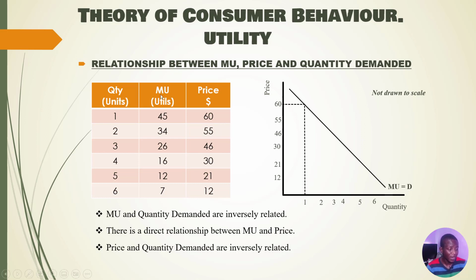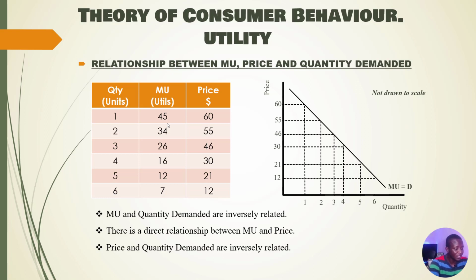So at price 60, the consumer is willing to buy just 1 unit. When the price fell from 60 to 55, the consumer bought the second unit, or the quantity demanded in this case was 2. As the price keeps falling, we realize that the quantity demanded of that commodity keeps increasing till the last unit that was bought.